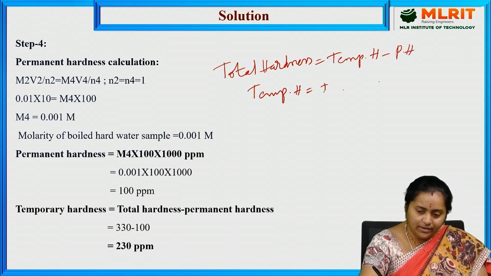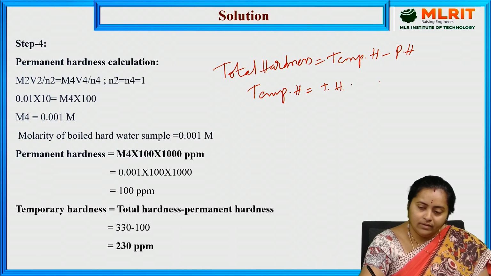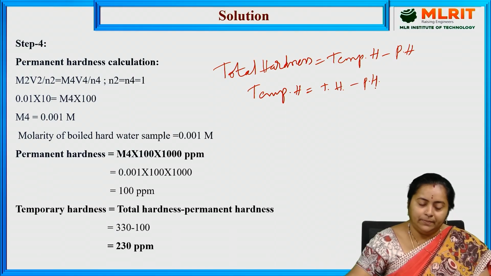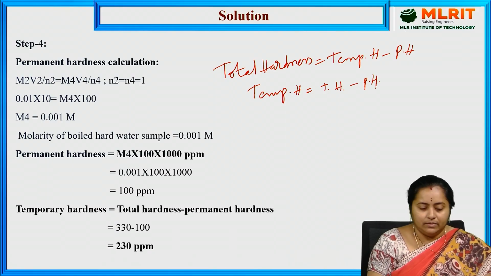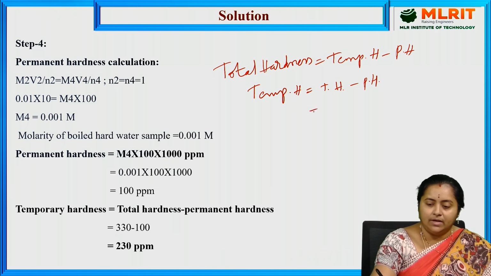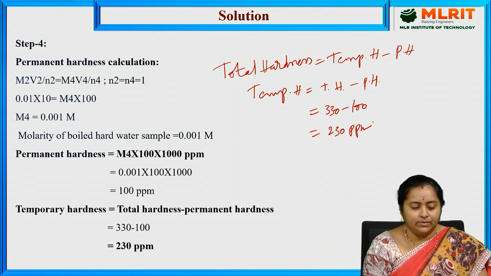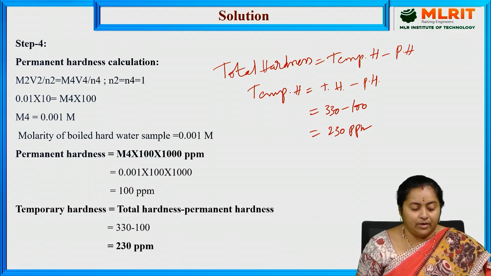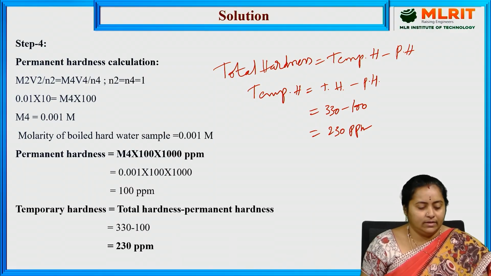It is equal to total hardness minus permanent hardness. Substituting the total hardness, it is 330 minus the permanent hardness, which is 100. So we got it as 230 ppm. This is the formula that we use for calculating temporary hardness.